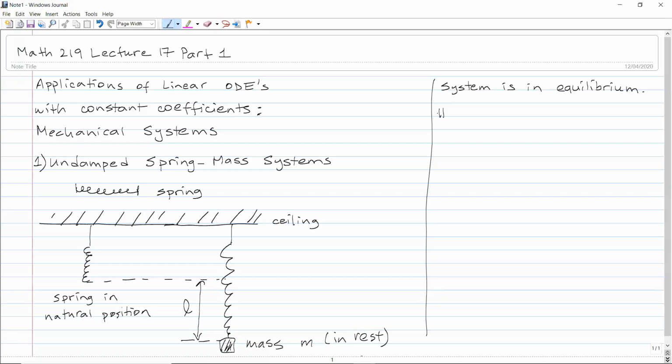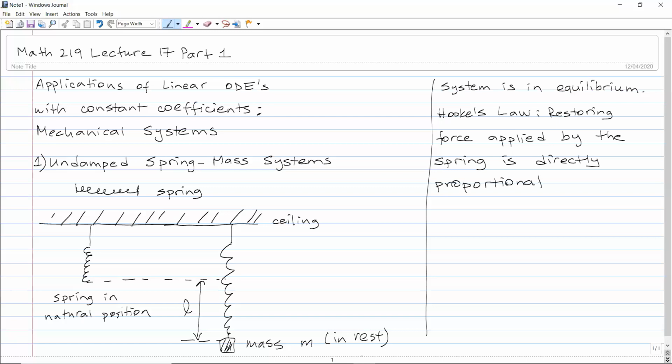So Hooke's law, this is from physics: the restoring force applied by the spring is directly proportional to the contraction or elongation distance.